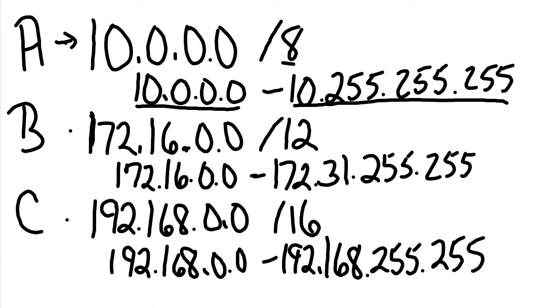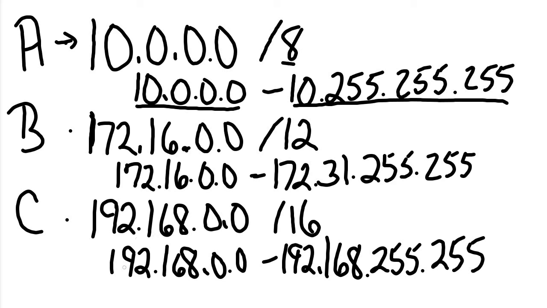Going back, is that within this range? 192, 168, we're still matching. 255, is it 0 to 255? Yep, so it is on that mark. And then that last octet, is it 0 to 255, since we're still matching? Yes, it is, because it's 253, which is between 0 and 255.